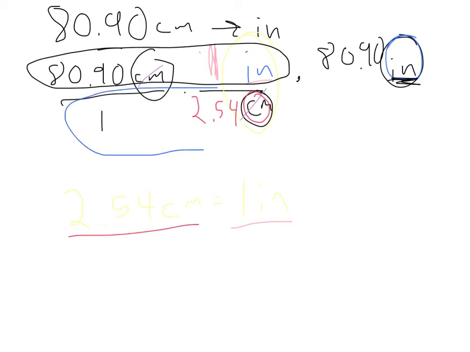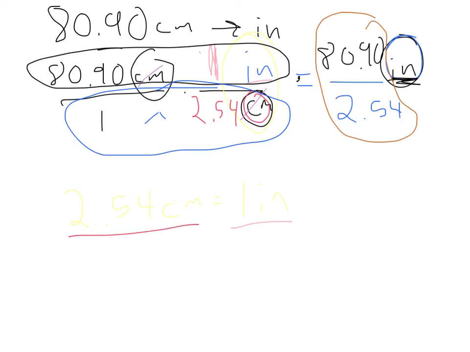Similarly, 1 times 2.54 equals 2.54. The final step at this point is to reduce. 80.90 divided by 2.54 equals 31.9 inches. Those are the basic steps on how to convert using the factor label method.